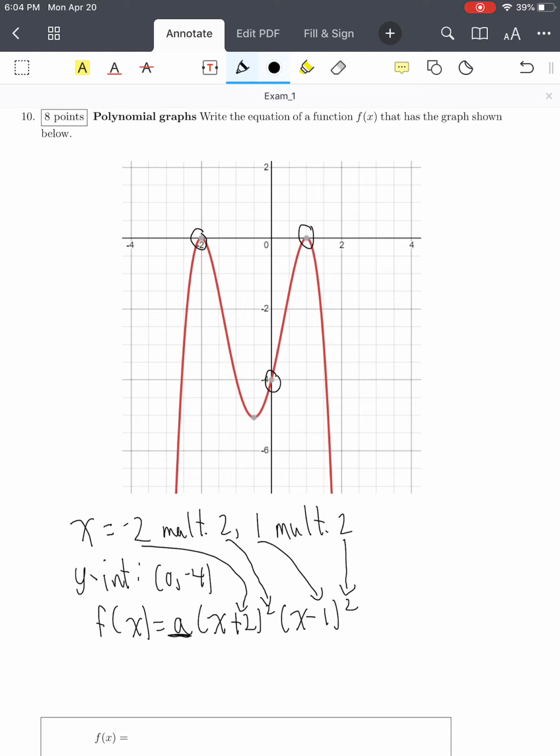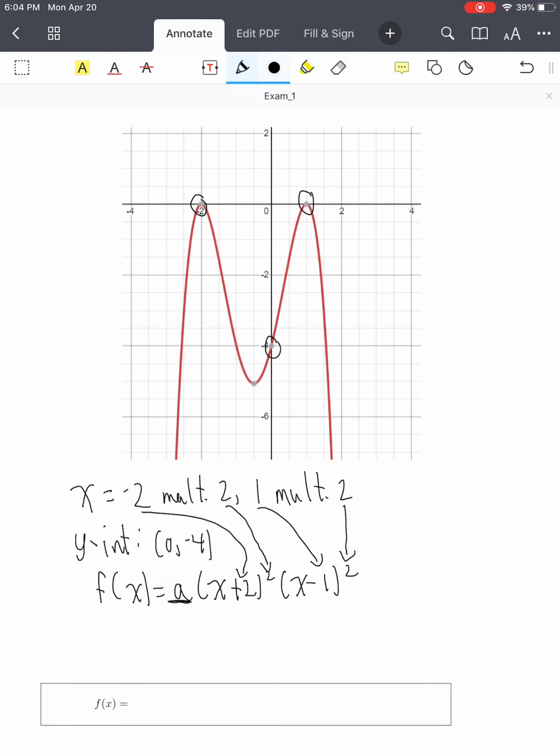So we want to make sure that we have an a there so we can make sure it hits the right y-intercept. So we have the y-intercept of 0, -4. So that means that f of 0 equals -4. So let's make sure that's true. f of 0 equals a times 2 squared times -1 squared, which -1 squared is 1, 2 squared is 4.